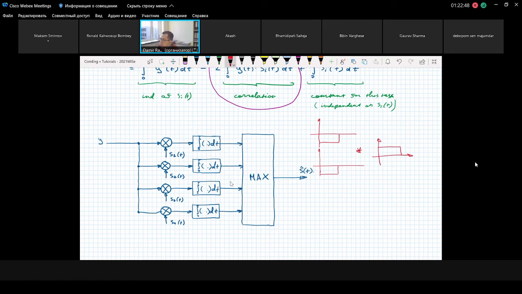But if you get a negative quantity, it means that your candidate is far away, so it's unlikely that this candidate is actually what we transmitted. This is the meaning if you get some negative value, taking into account that for some other branches you have positive values.